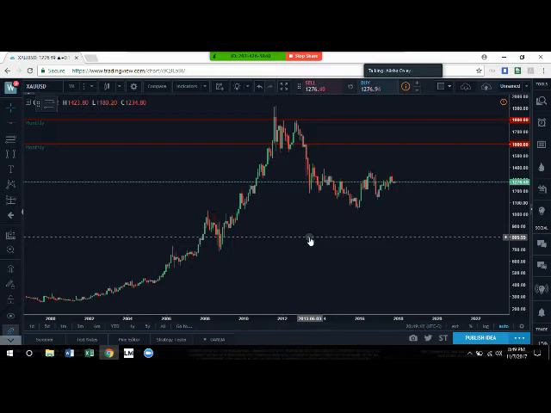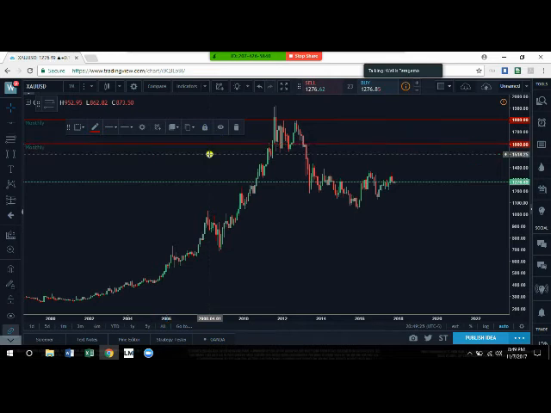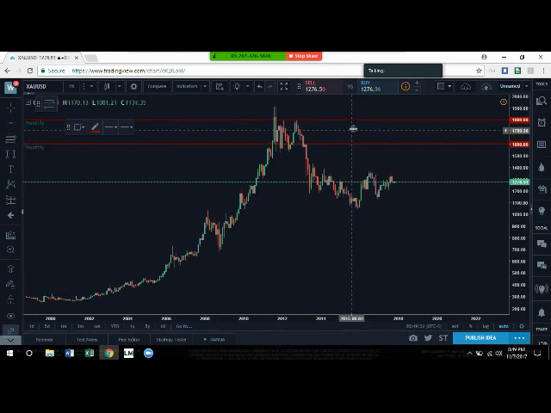Let's see. So what I'm doing is I'm marking off basically $200 ranges. So from 1800 down to 1600. Gold, like I said, because mine's naked. What's yours look like? I'm on the monthly right now.